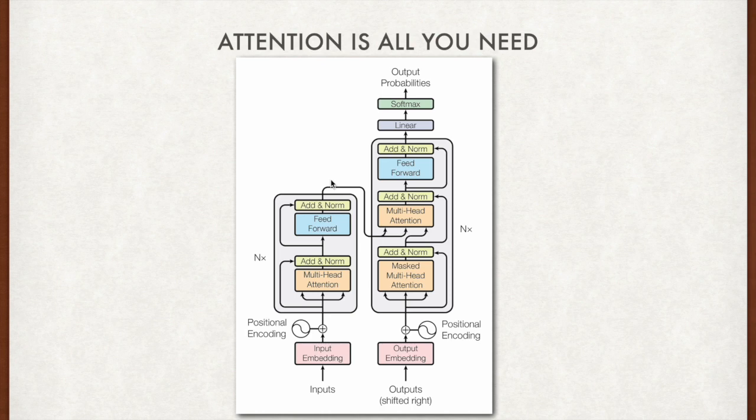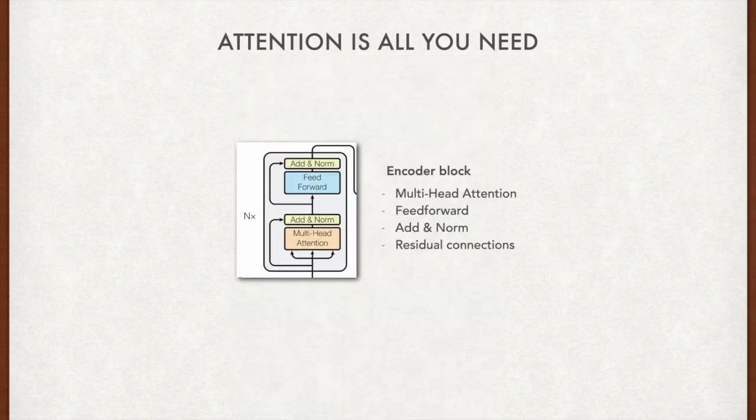In vanilla RNN, we have one hidden layer that learns the meaning of the whole sequence, while here we have a sequence of transformations: a multi-headed attention module, followed by add and norm layer, followed by a feed-forward network, followed by another add and norm layer. Let's discuss it step by step, starting with the multi-headed attention. I promise that after we understand multi-headed attention, the subsequent steps will be much easier to comprehend.